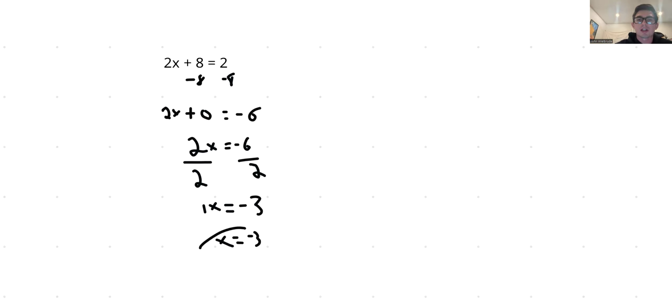And we can always check our work. We plug it back in to make sure we have the right value. So plug -3 in: 2 times -3 plus 8 equals 2. 2 times -3 is -6, so we have -6 plus 8 equals 2. -6 plus 8 is the same thing as 8 minus 6, so that's 2 over here.